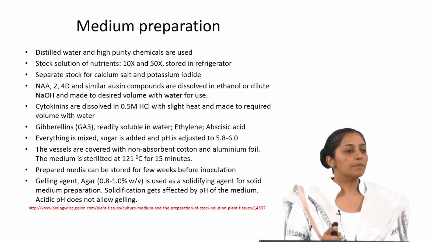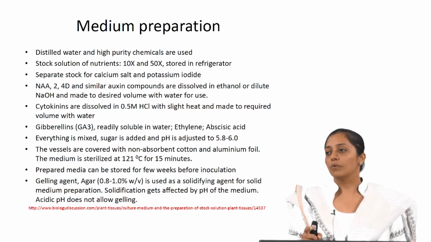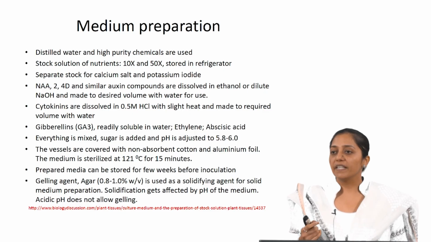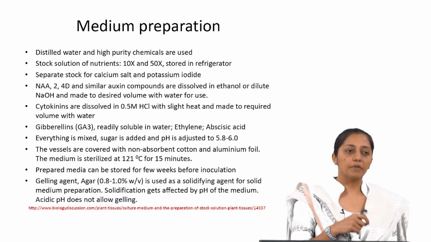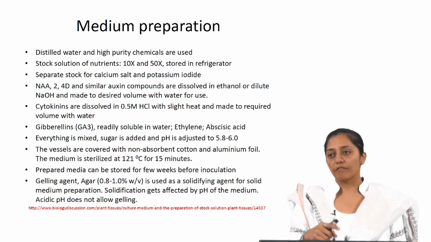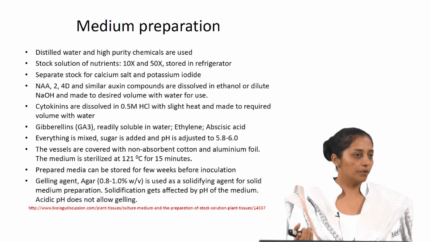Then vitamins, because some of these vitamins are found to be heat sensitive, heat labile. So, depending on what vitamins you are using, care should be taken whether you can afford to add them before autoclaving, or they should be filter sterilized and added after autoclaving the major and micronutrients.